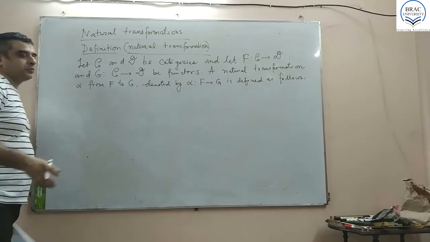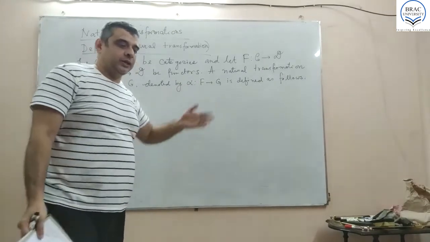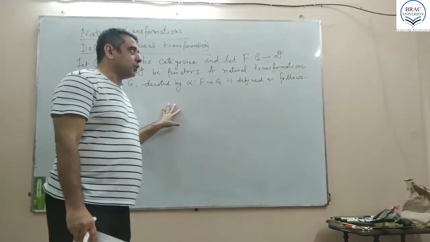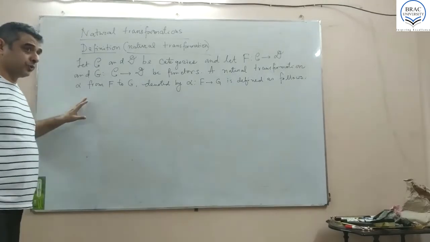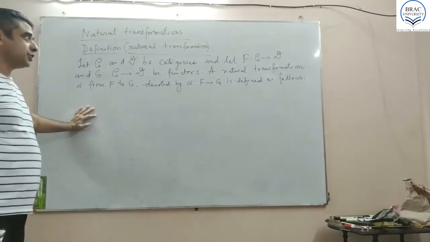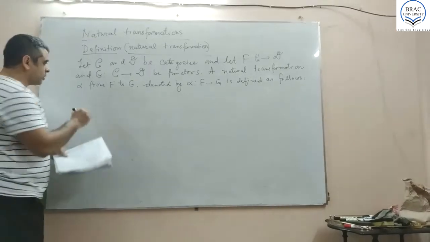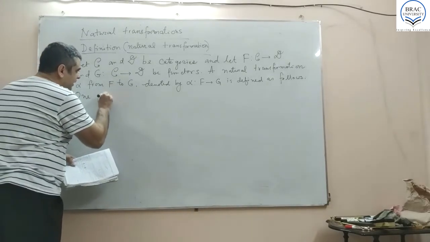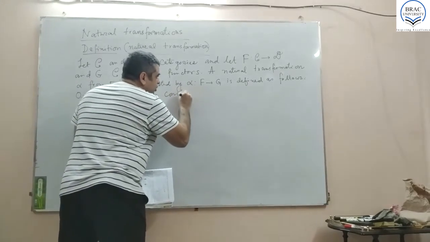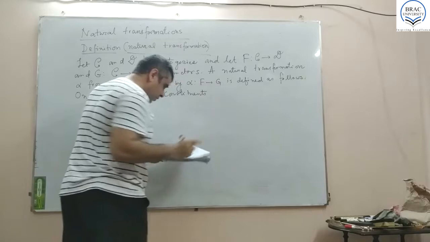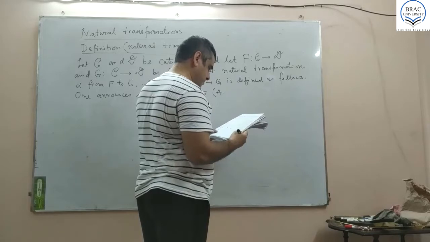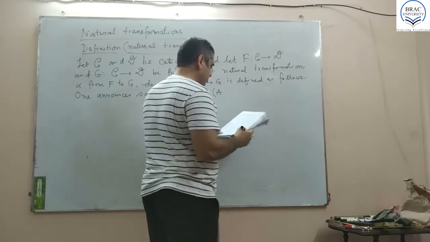One announces, so like we did in the definition of category and the definition of functor, we also have a bunch of constituents conforming to some law that we need to mention. So one announces some constituents. Where are the constituents? Components.